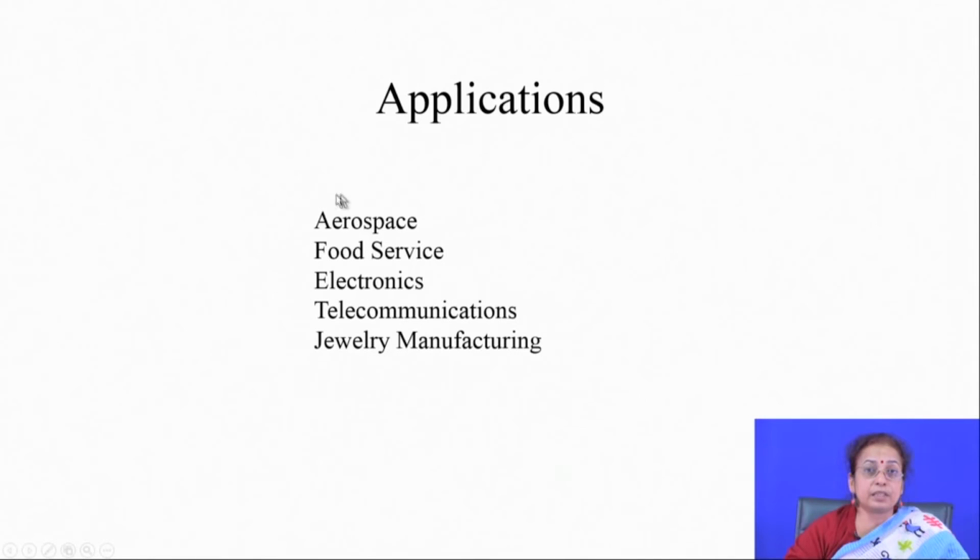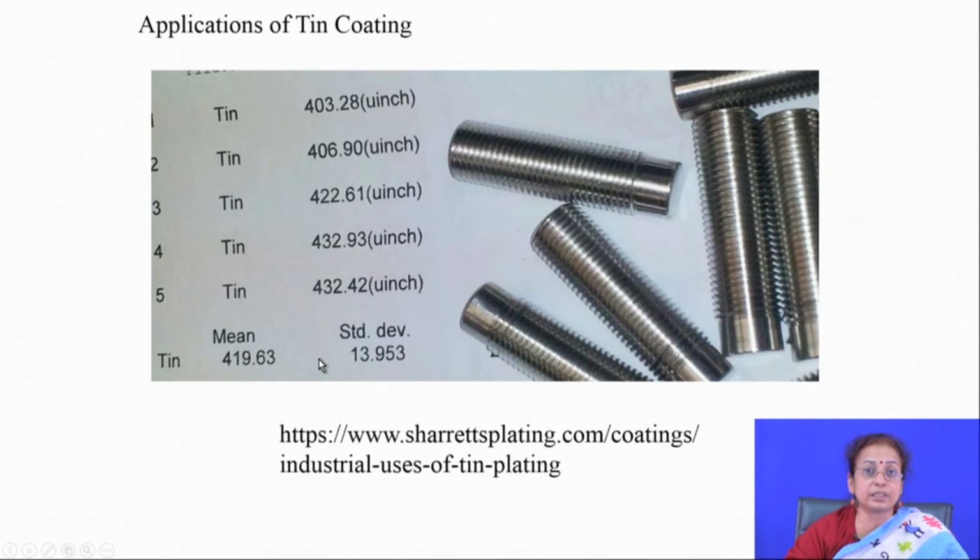So, as I mentioned, tin plating has several applications in aerospace, food services, electronics, telecommunications and jewelry manufacturing. These are some of the applications where tin coating has been applied, for example typical food containers, where you will find that the coating surface looks highly glazy and has a black appearance.